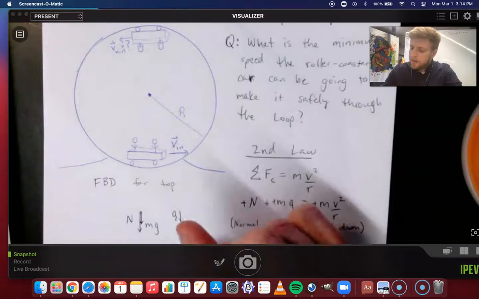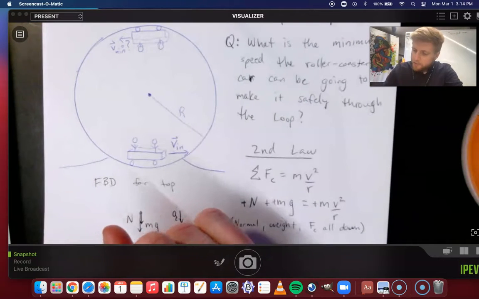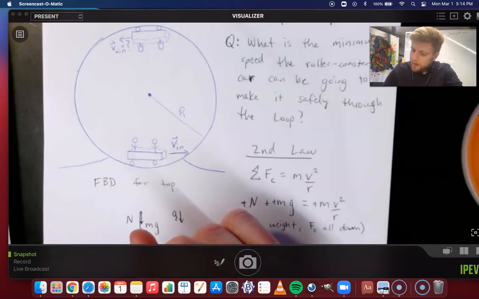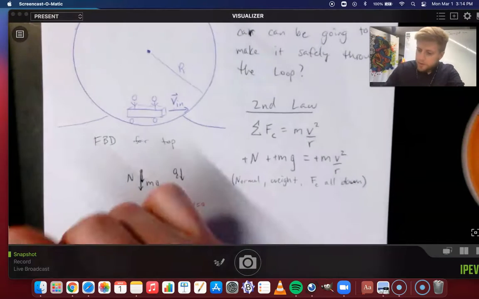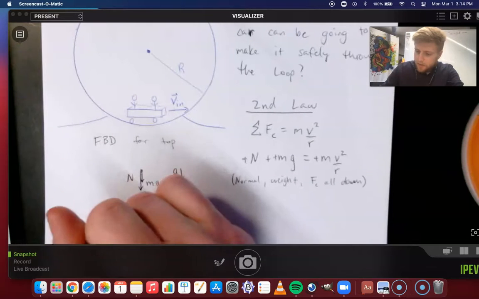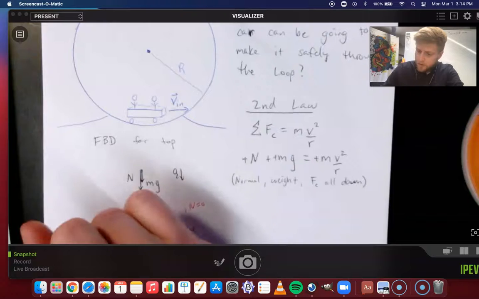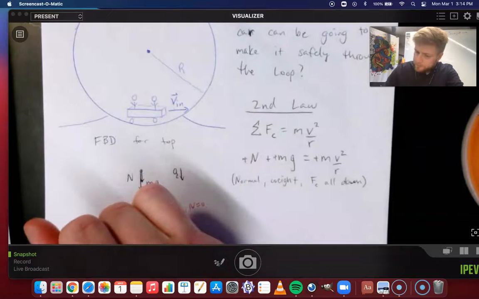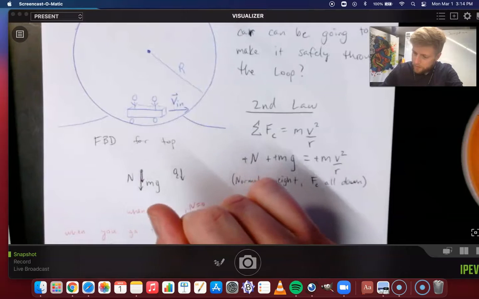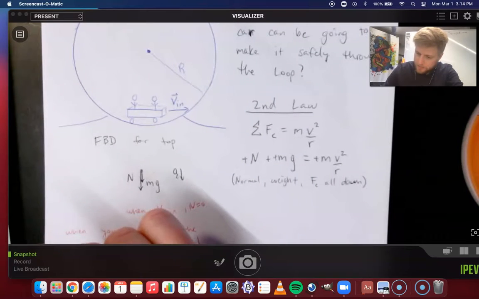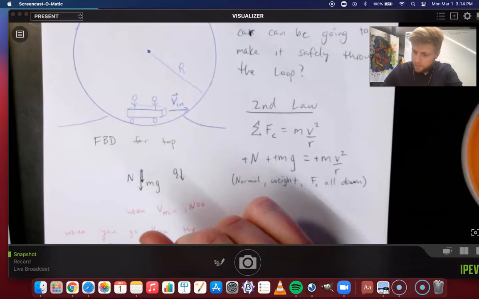So what we're going to do is say off to the side here, I'll put it in parentheses, when v min, the normal force goes to 0. So in other words, when you go through the loop at v min, you feel weightless at the top.